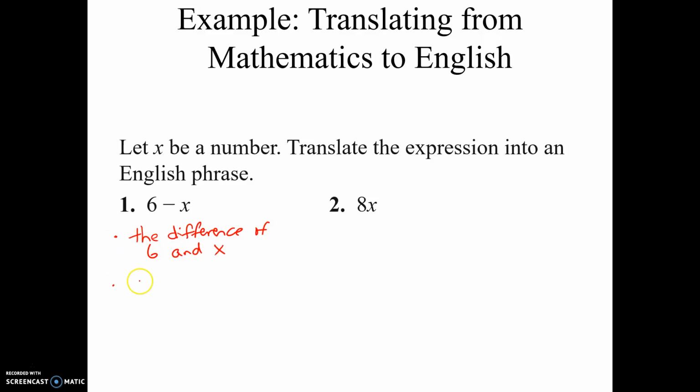Another way to write this is x subtracted from 6. And there are other options too. This one, the easiest way to write this would be the product of 8 and x.